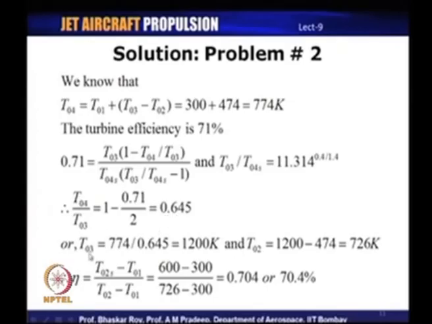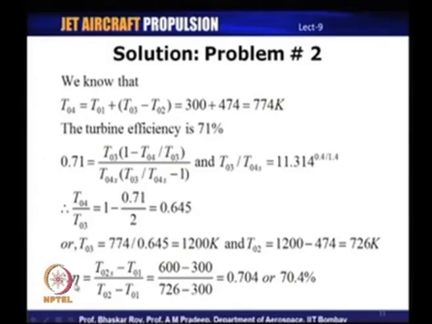Therefore, T03 is equal to 774, which is T04, divided by 0.645, that is 1200 Kelvin, and therefore, T02 will be equal to 1200, that is T03, minus the difference between T03 and T02, that is 474, which gives 726 Kelvin. So, we now have all the temperatures required for estimating the compressor efficiency.